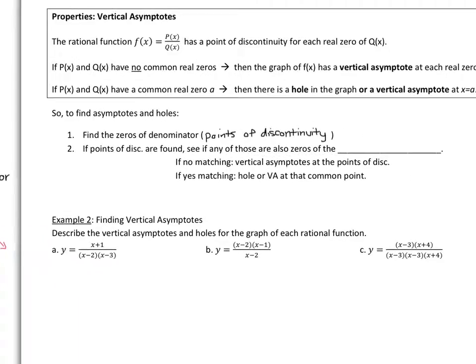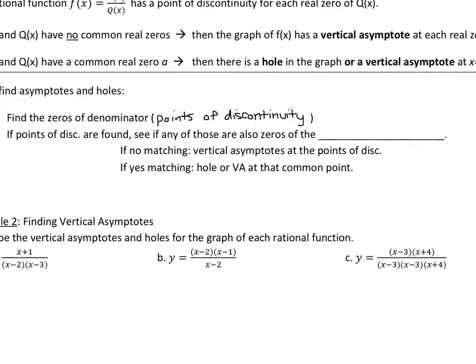Now, how do we know from the equation whether it's a vertical asymptote or a hole? Well, we can partly figure it out by looking at the zeros of the numerator. If zeros from the numerator are common with the zeros of the denominator, so they have the same, then we have to look at the graph because we don't know whether it's a hole or a vertical asymptote.